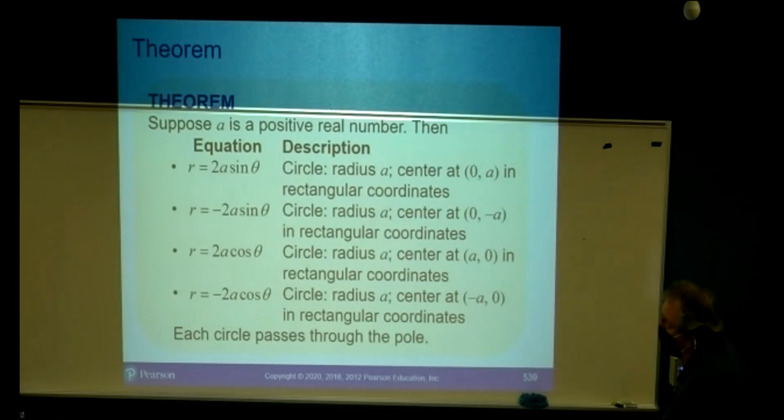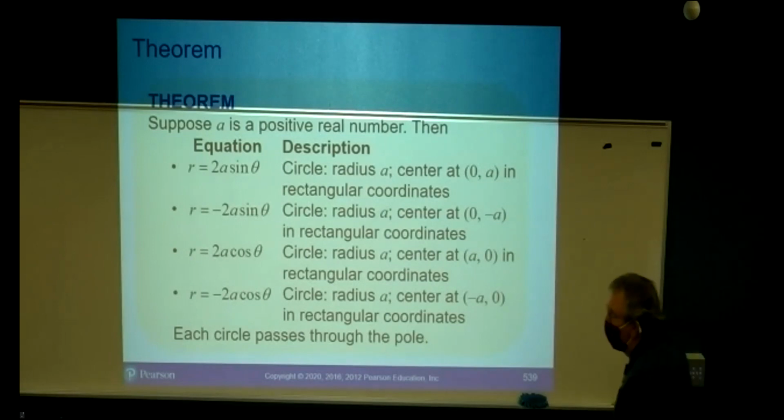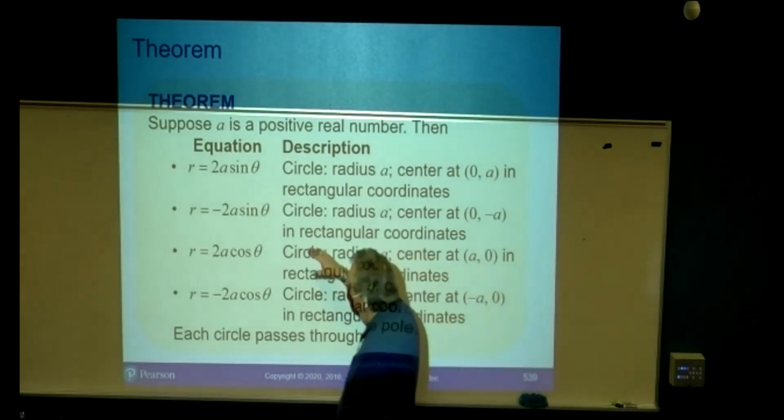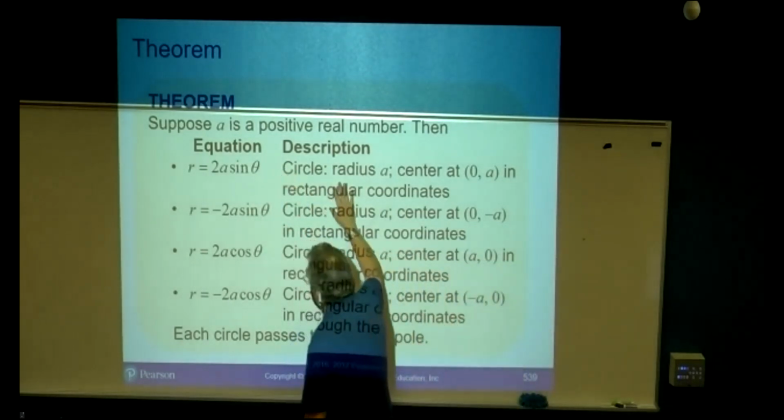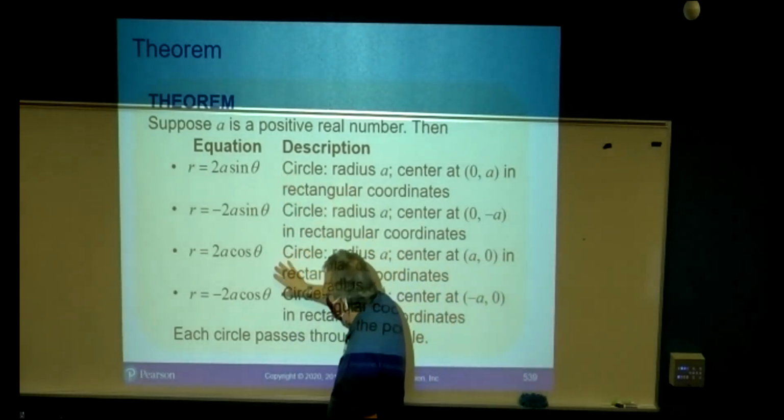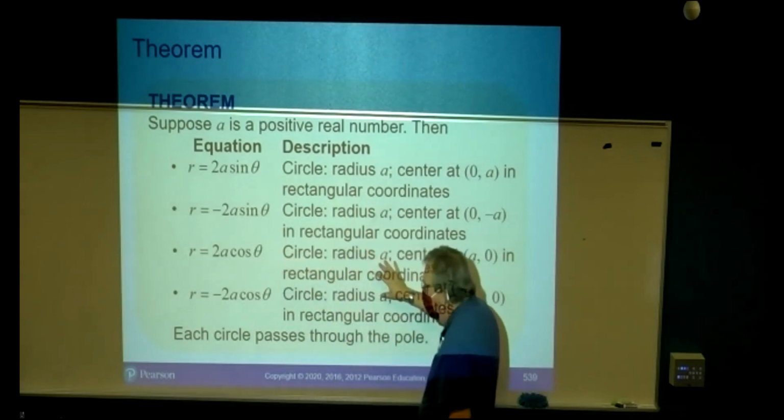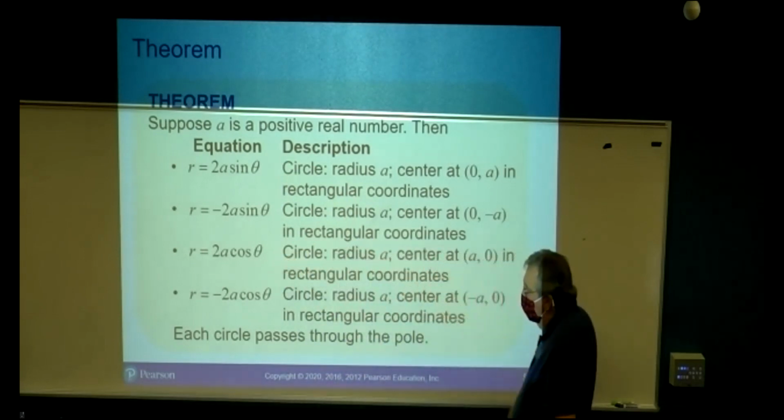So if you have an equation that looks like any of these, you're going to get a circle on either the x-axis or the y-axis. If it's in terms of sine, then it's going to be on the y-axis. If in terms of cosine, then it's going to be on the x-axis. And the circle will be radius a.